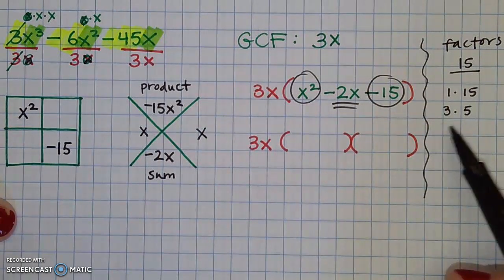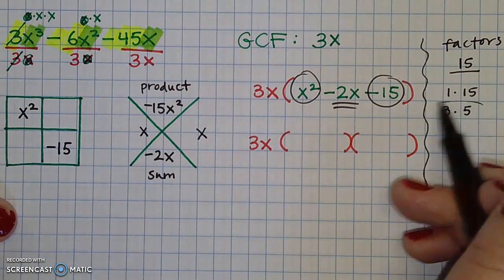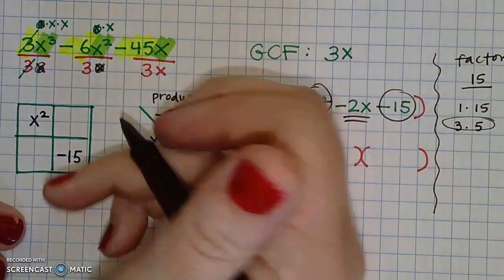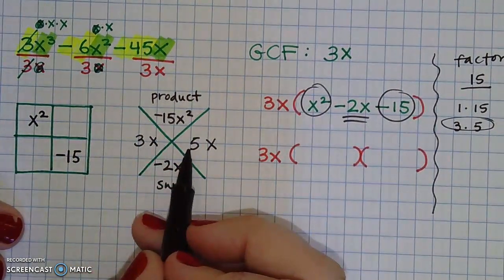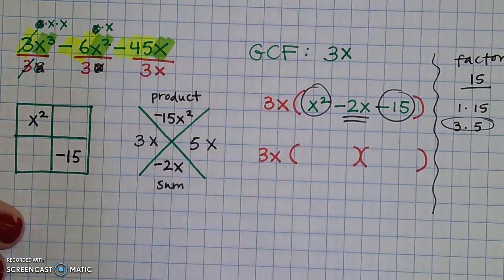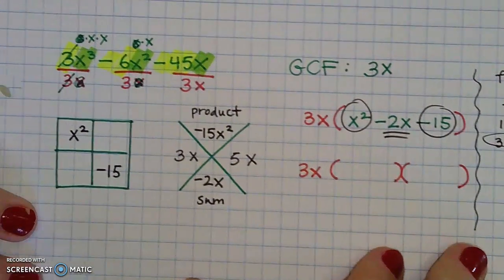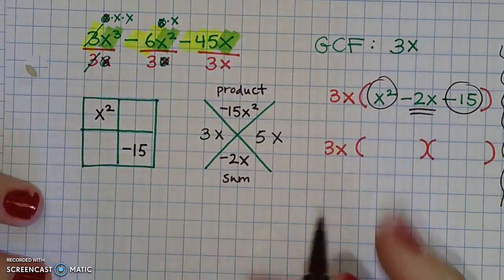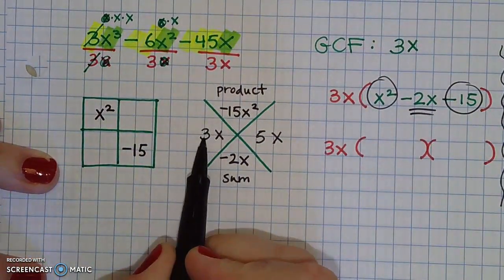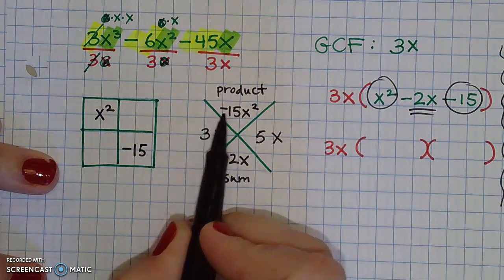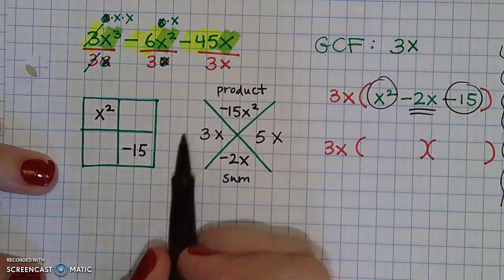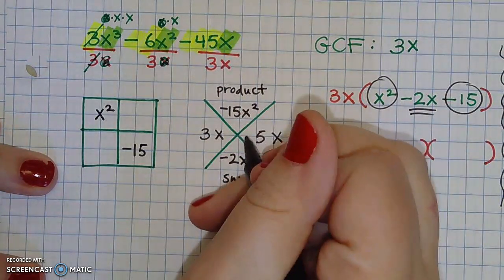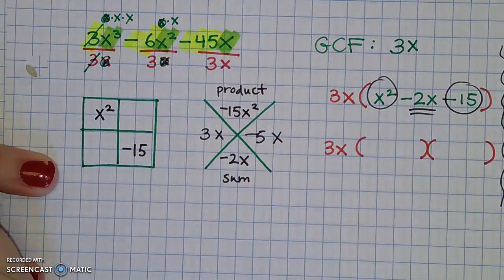And I'm thinking 3 times 5 is going to be my best bet. The reason why I think that is because I know if I subtracted these two numbers, I'd get that 2. And subtraction is the way to think about it, because when I multiply them together, I should get a negative 15. So that means one of these numbers needs to be a negative. They add up to be a negative 2, so that tells me the bigger number should be your negative.